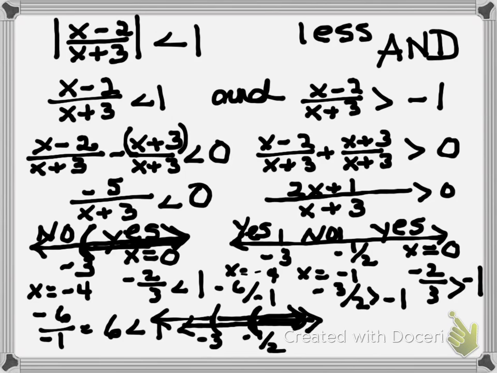Where do they intersect or overlap each other? And it's only from negative 1/2 to infinity. So our solution is just negative 1/2 to infinity as a solution to the problem.